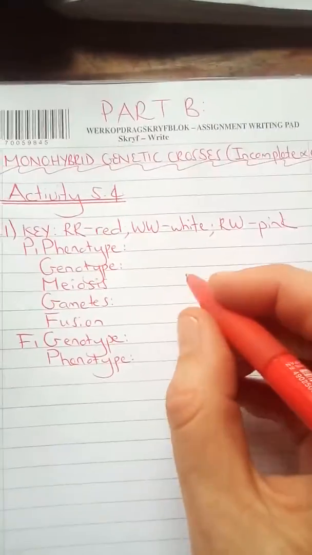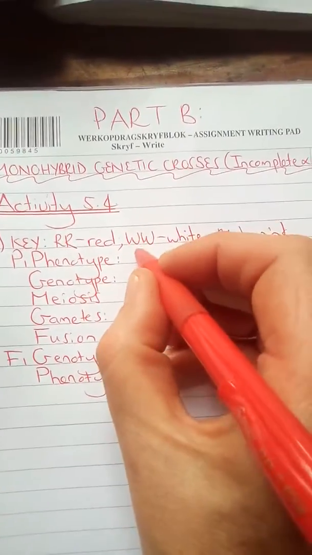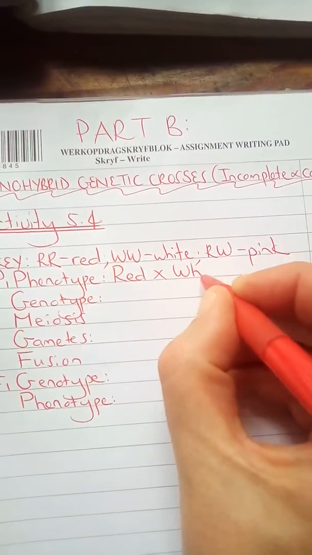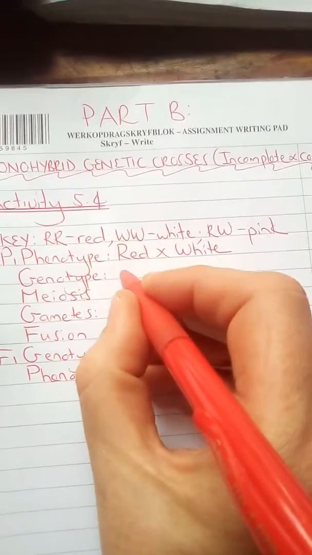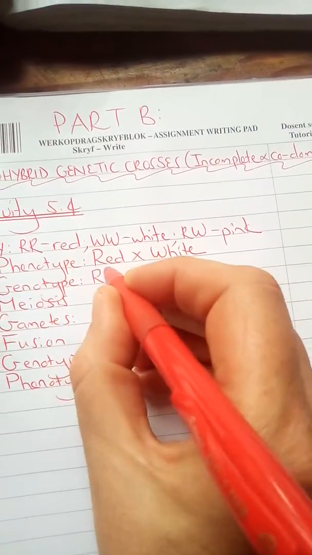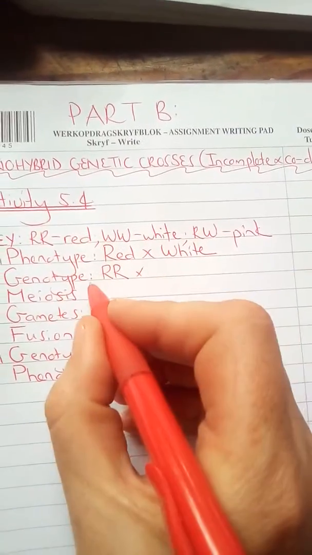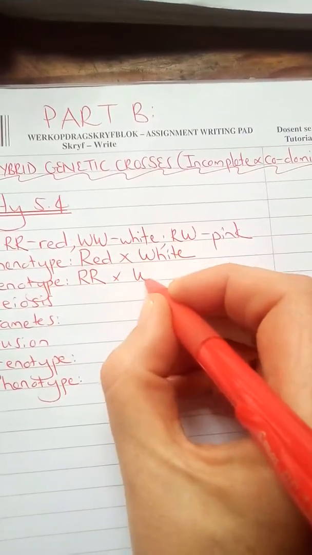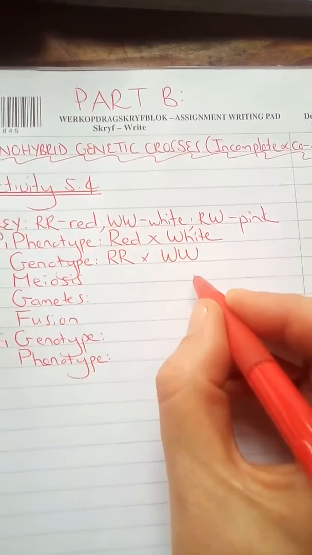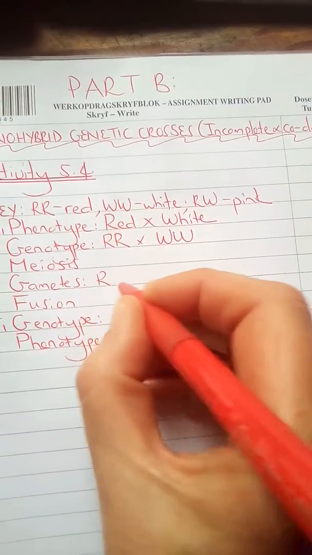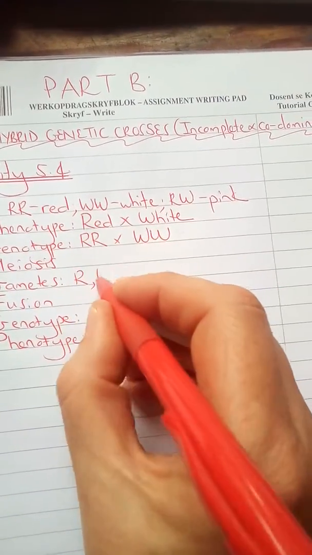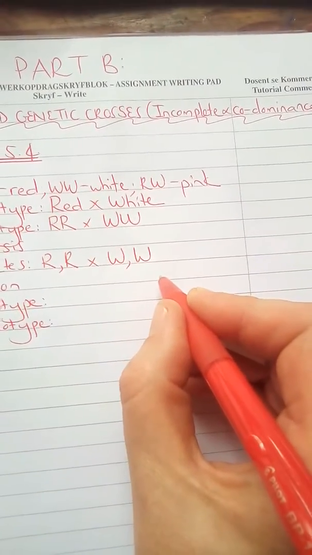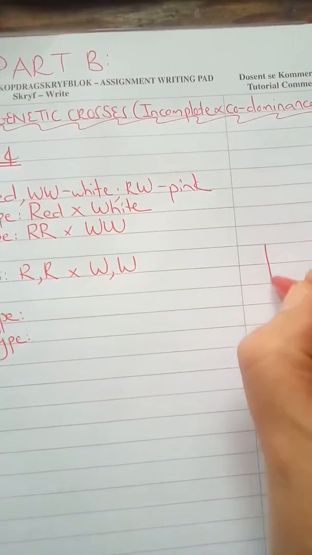Okay, so phenotype we describe in words first. Red crossed with white. Genotype is your alleles. There's no dominance here. We write them both with capital letters. We leave open meiosis. The gametes, we split these alleles here with a comma. Fusion we leave open. We do our Punnett square.